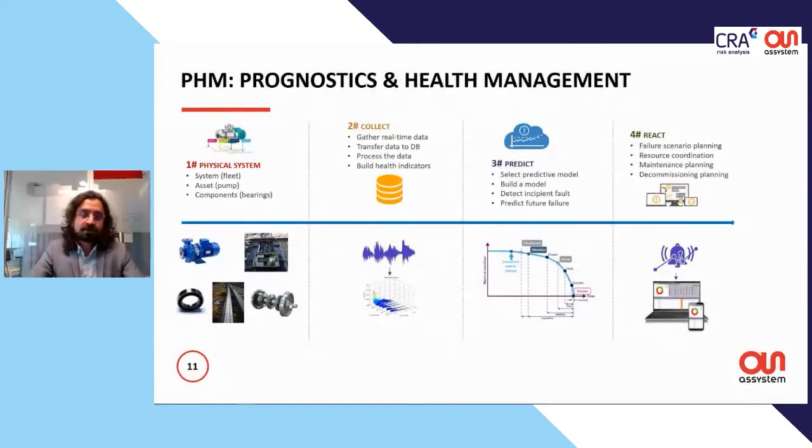And within this, PHM is able to help in detecting and isolating incipient faults to predict future failures. It can provide the remaining useful life of a system and several other indicators which can be considered as the health indicators of the system.